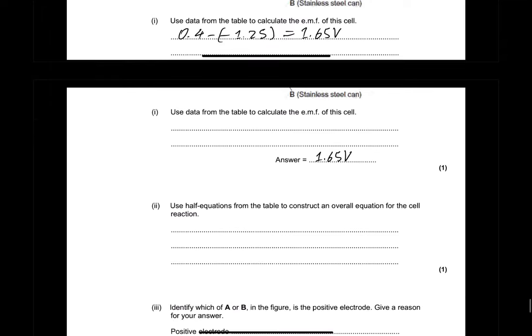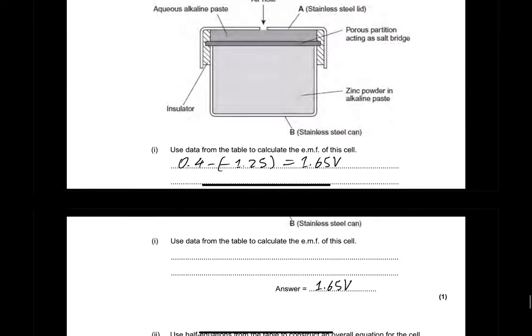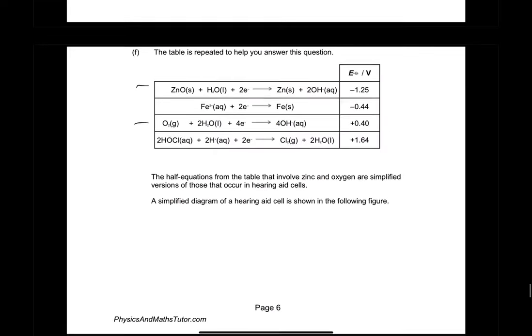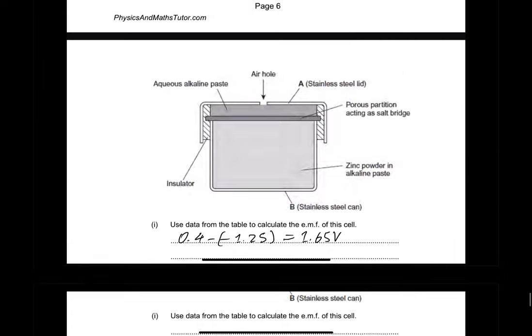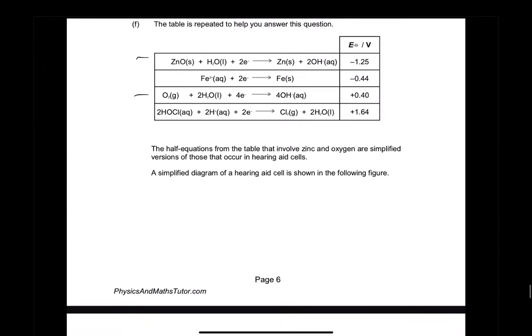Use the half equations from the table to construct an overall equation for the cell reaction. Okay. No, what am I doing? First of all, that's going in the oxidation way.